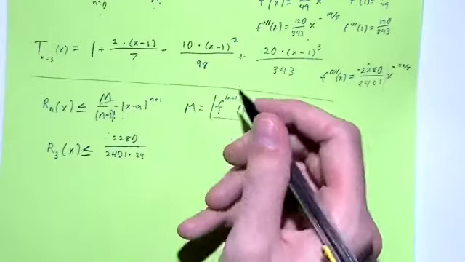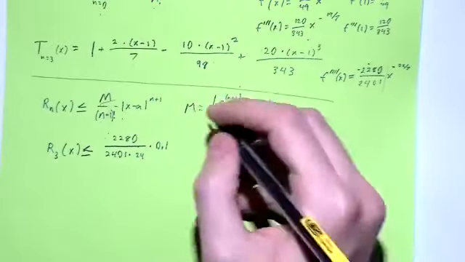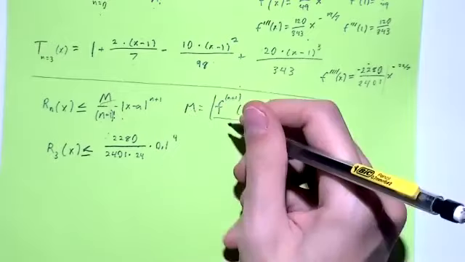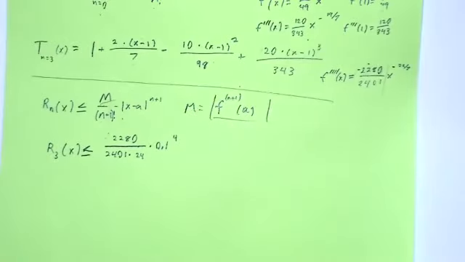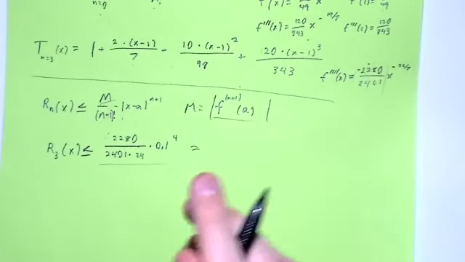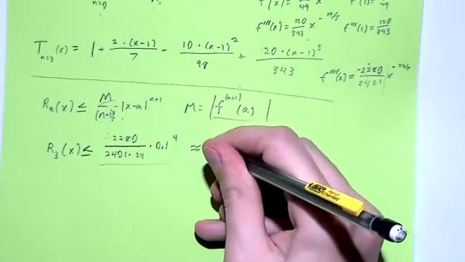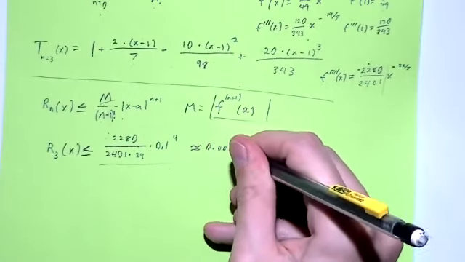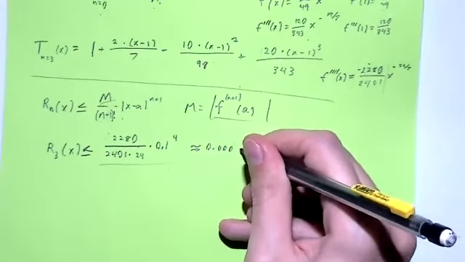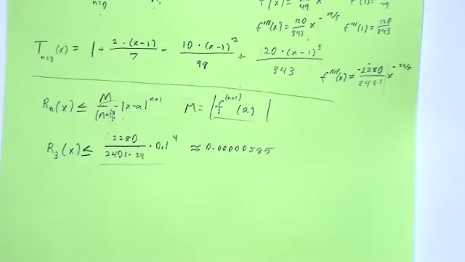Since it's the absolute value, we just have 0.1 here, and then it's to the 4th power. If you combine all of that together, you get your error, which in this case should be approximately 0.12345585. So that would be our error. Any questions about that?